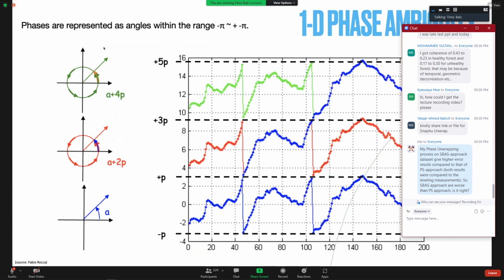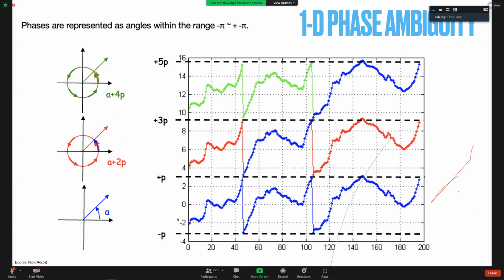All right, so what we're going to do in unwrapping, here's an example of 1D phase unwrapping, so just one dimension. If you look below at the blue line, that would be what we have, the phase between minus pi and pi.